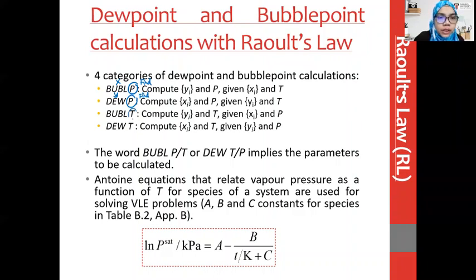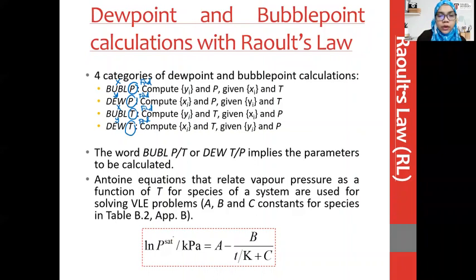For bubble T, we need to find T, and the composition of the liquid is given. For dew T, we need to find the temperature, and the composition of the vapor is given. So the words bubble or dew with P or T imply the parameter to be calculated.